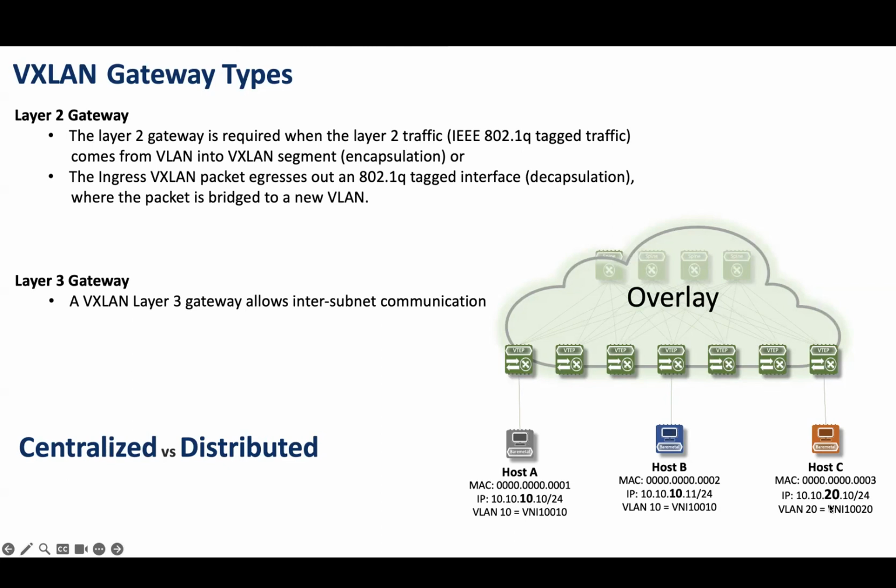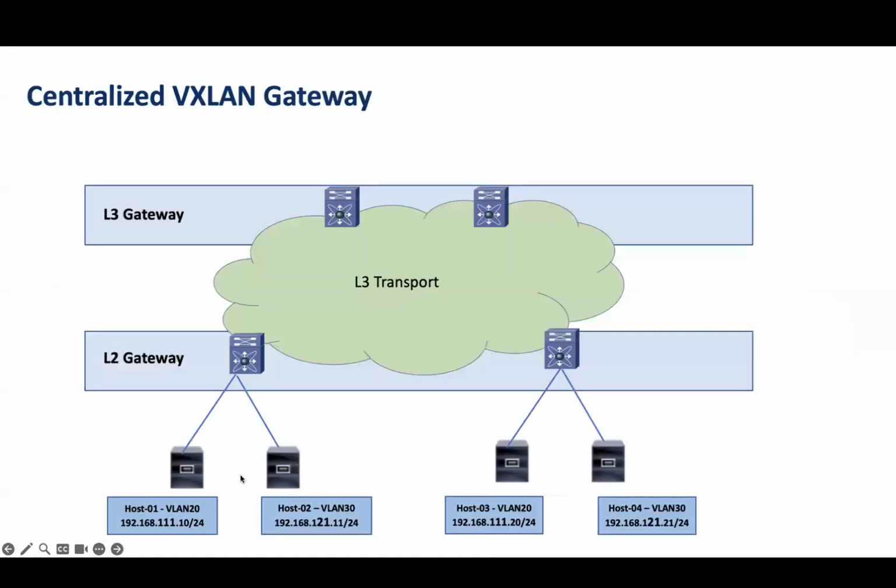There are two architectural choices in terms of gateway placement: centralized Vxlan gateway or distributed Vxlan gateway. Let's start with centralized Vxlan gateway. As the name says, in centralized Vxlan gateway deployment, layer 3 Vxlan gateway will be deployed at a central location.